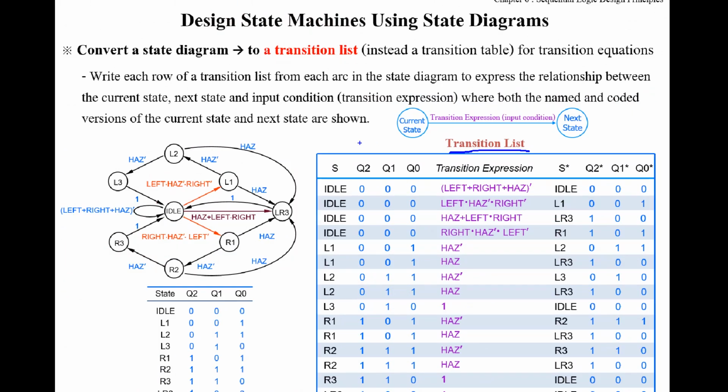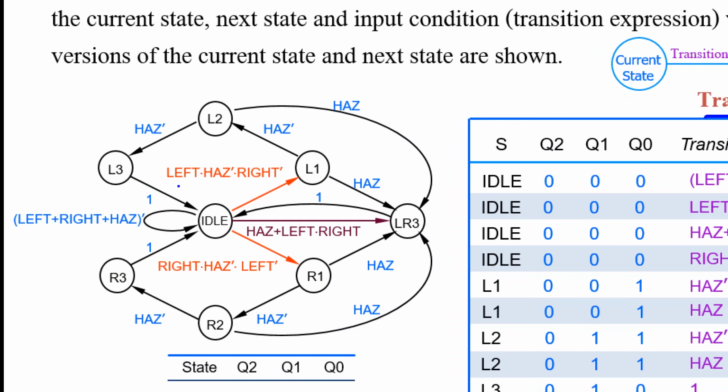Actually, the transition list just rearranges this state diagram by considering the leaving arc, or the arrow, for each state.